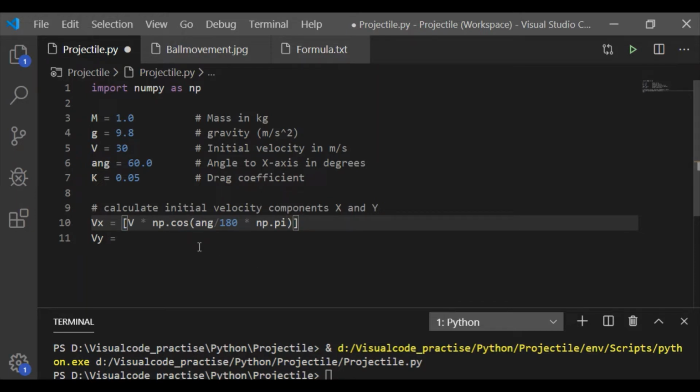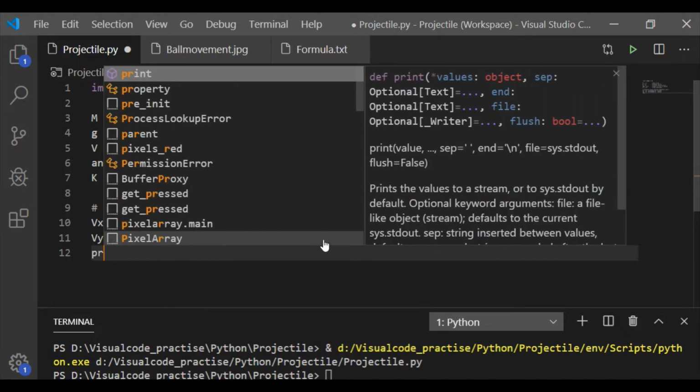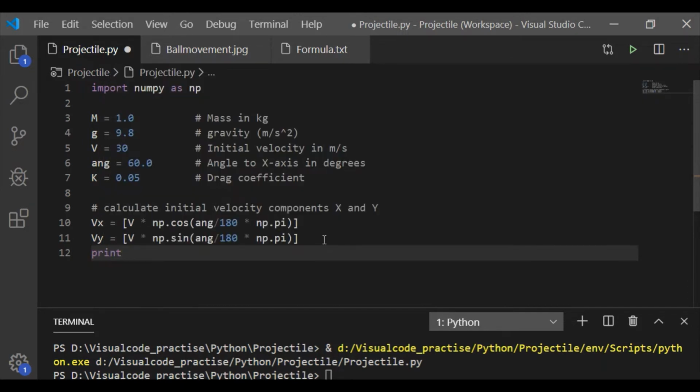And we will have Vx as a list so that subsequent components of velocity can be appended to this list. So to plot the range of our projectile, it is easy. Similarly, the y component of velocity is v multiplied by sine theta.